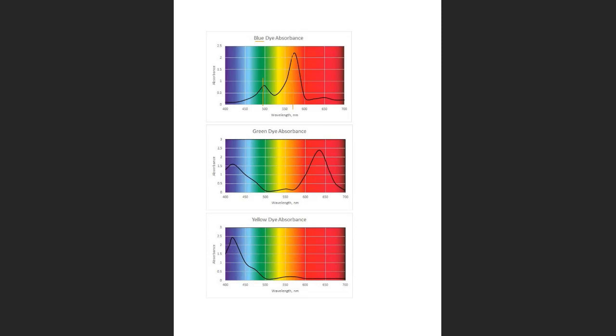And then they will ask you the same thing for the green dye and yellow dye. So this part is very easy. The yellow dye only has one peak. So they will ask you what is the wavelength of the peak in the spectrum of the yellow solution. When you look at the spectrum, you will see that you have only one peak. And they ask you, what is that wavelength?